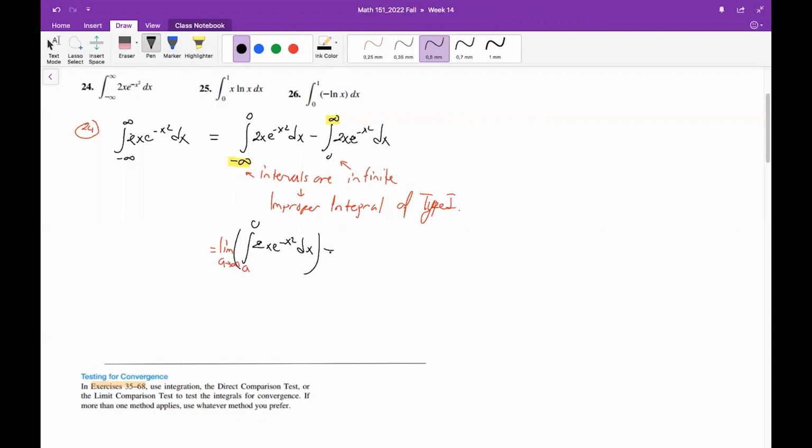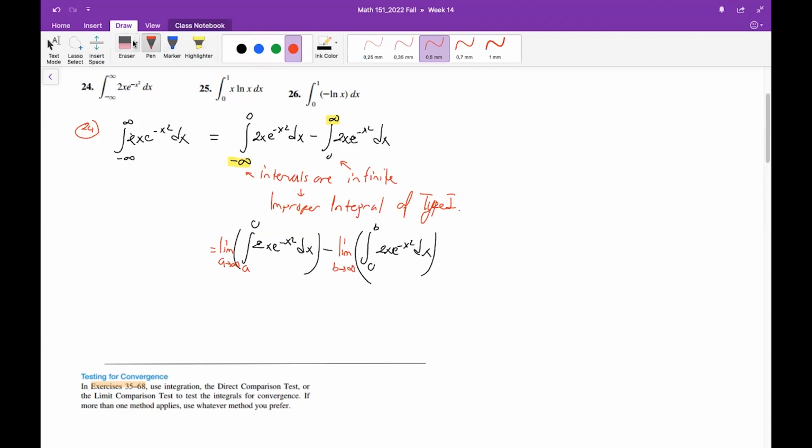And similarly for the second integral, you need to name this infinity part as a variable. Let's put b. And then to have the same question, you need to send b to infinity.